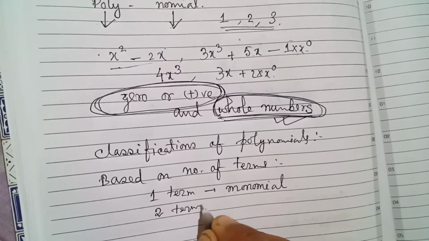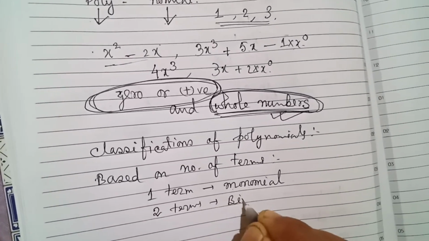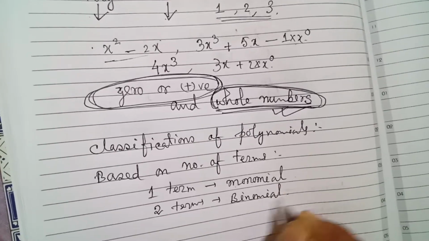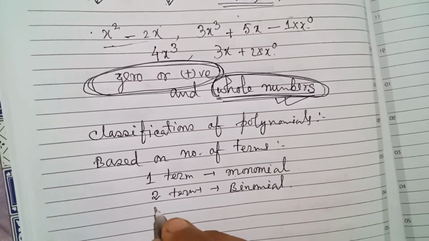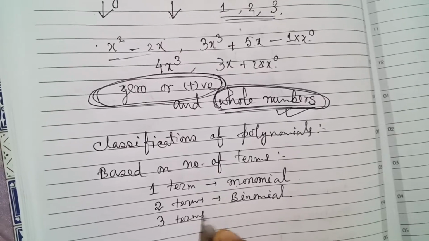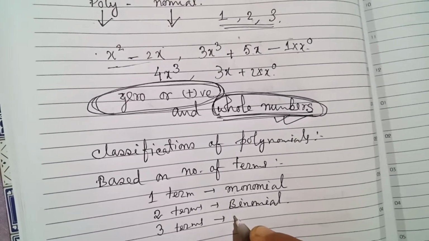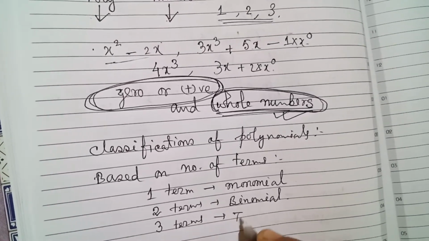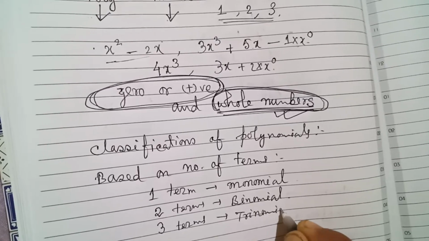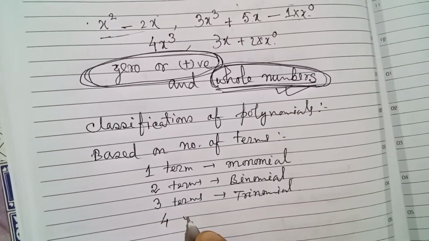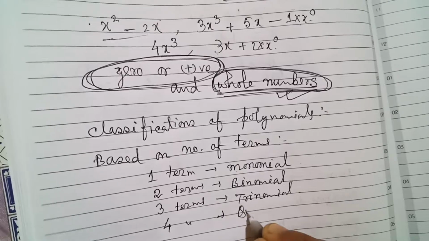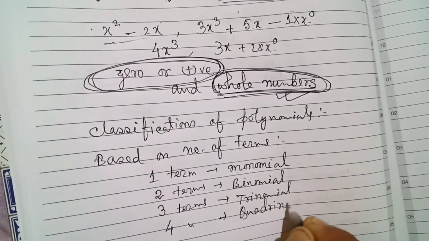Two terms, binomial. Bi means two, nomial means terms. Three terms, trinomial. Four terms, quadrinomial.